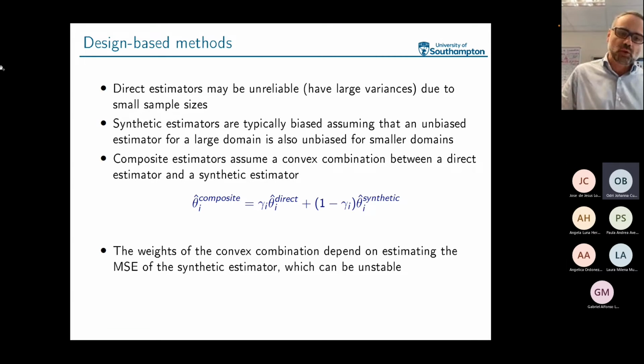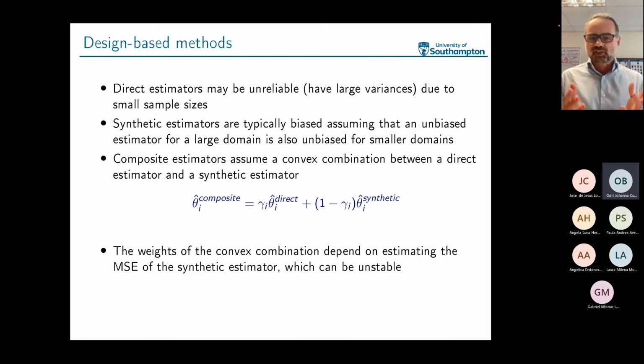And then you also have composite estimators potentially, which normally are a combination of the direct estimates, which are unbiased but may suffer from high variance, and the synthetic estimator, which is possibly biased but with lower variance. You're trying to find an optimal combination in some sense, depending on a weight denoted here by gamma i.